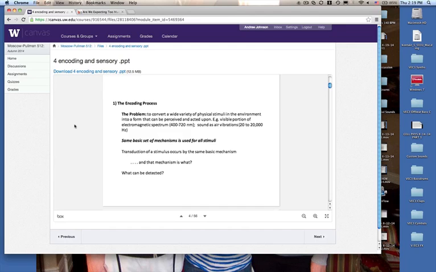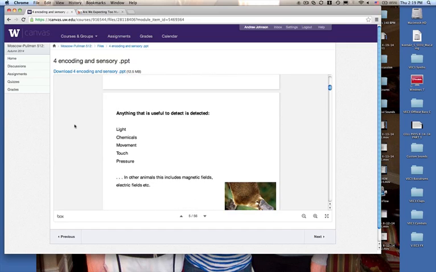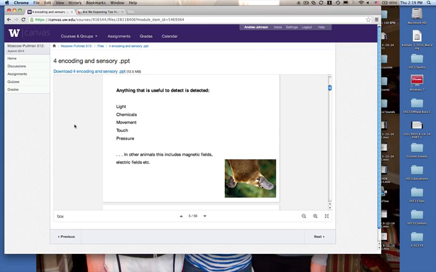And first you would start with what's detectable. So we detect light, chemicals, movement, touch, pressure. This is a platypus, a funny egg-laying mammal from Australia. They can detect electric fields, so they have electric field detectors in their beak, and they wallow around in the mud and detect little critters. Sharks can do that also.